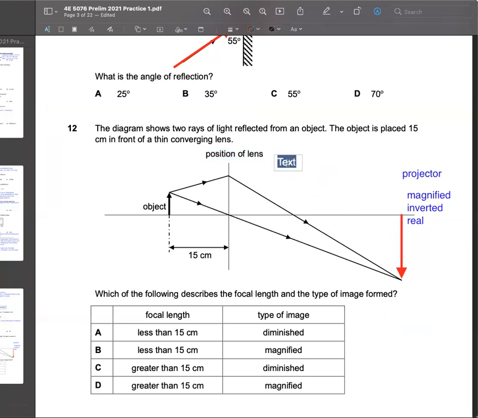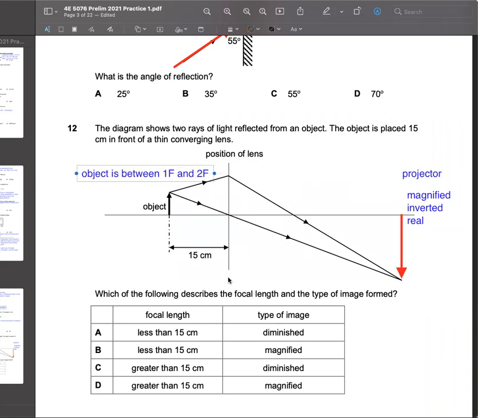Where is the object? The object is between F1 and F2, that is 1F and 2F. So in this case, the object is at 15.